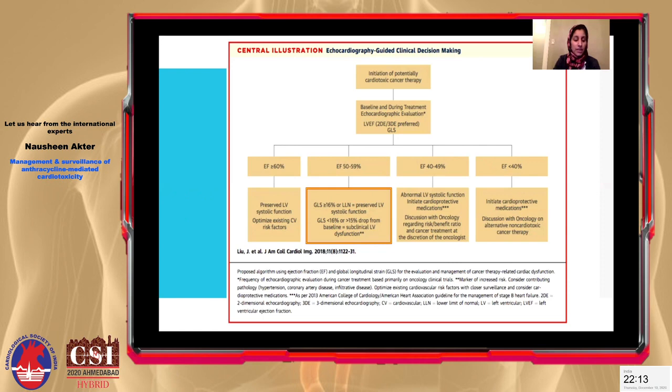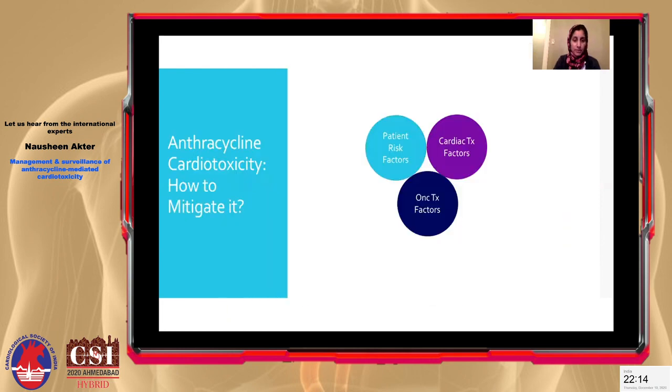If subclinical LV dysfunction is detected by strain, this is an opportunity for cardiologists to optimize risk factors, consider closer surveillance, and possibly consider cardioprotective therapy, although we are still awaiting research to support this.